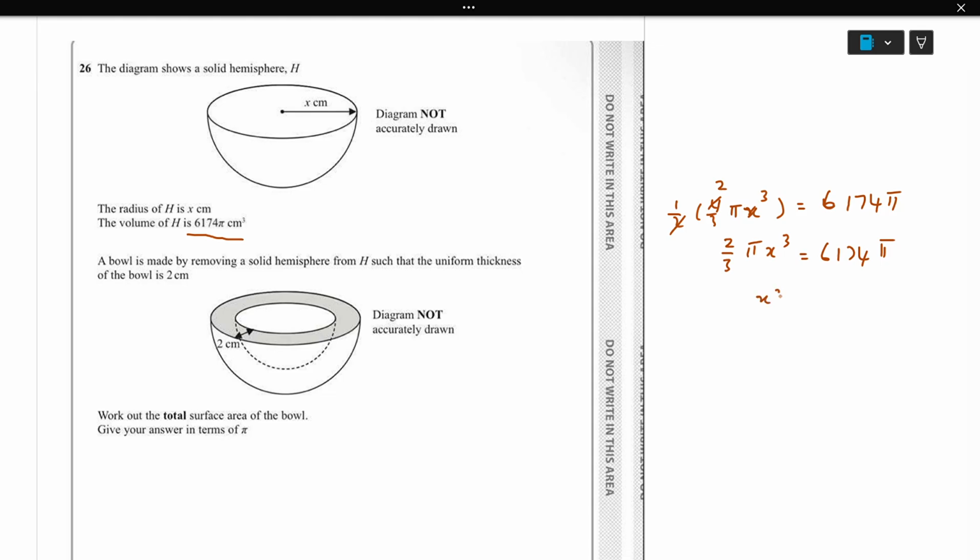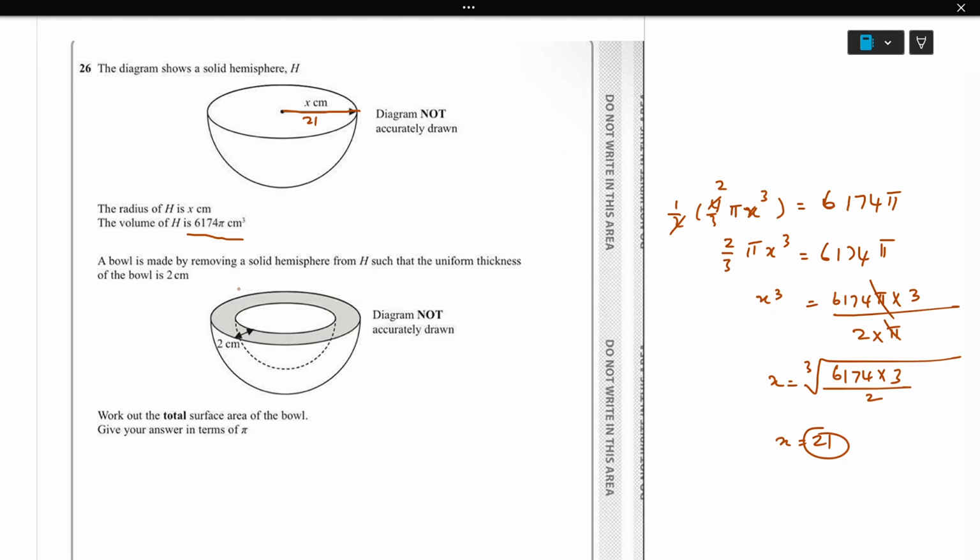From here x cubed equal to 6174 pi times 3 over 2 times pi, the pi cancelled, so x equal to the cube root of 6174 times 3 over 2, which is x equal to 21. So we got the radius.